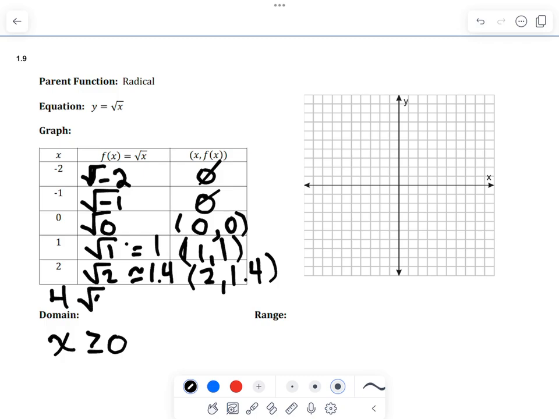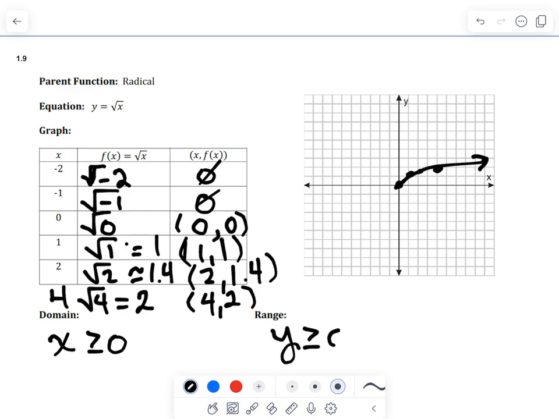The square root of 4 nicely gives an output of 2, so (4, 2). Let's graph it. So (0, 0), (1, 1), over 2, 1.4, over 4, up 2. So there is our graph. Our range of values is y is greater than or equal to 0.